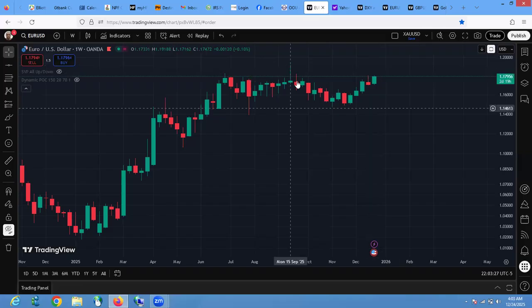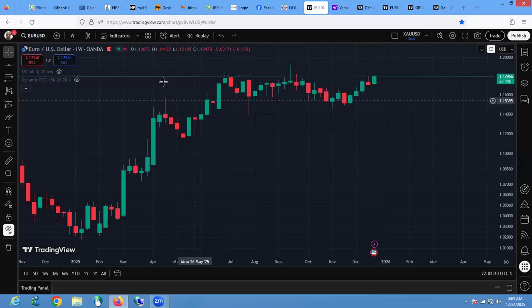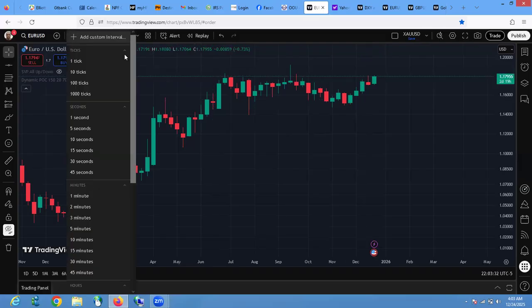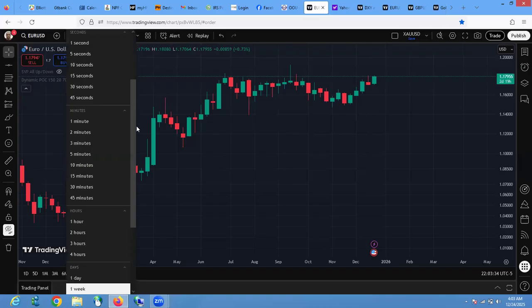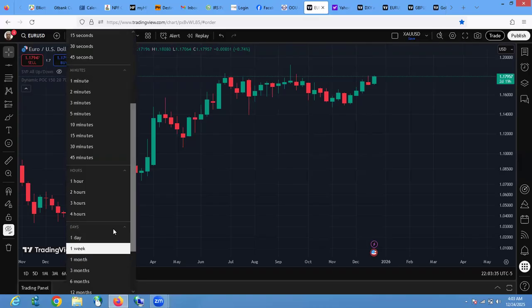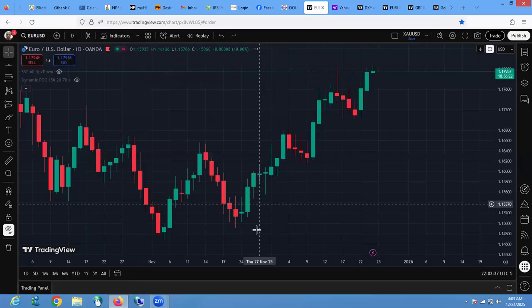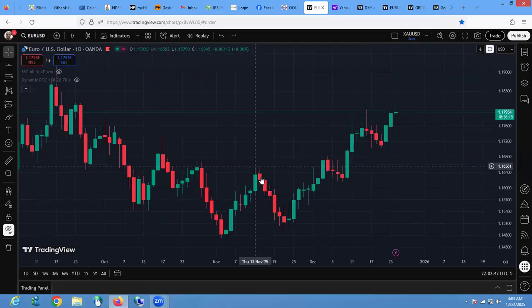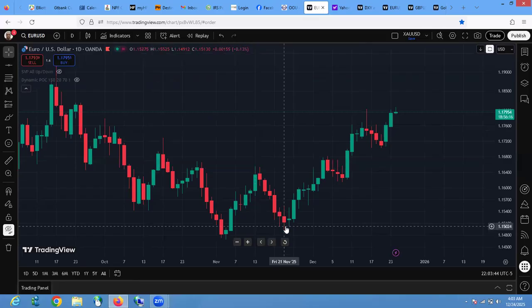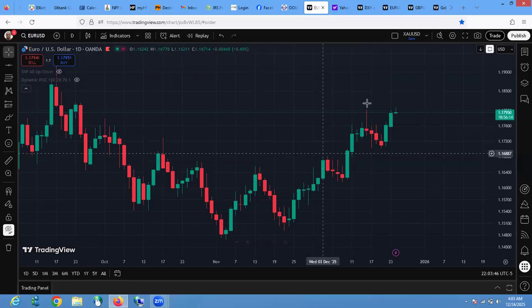Now, let's go into the daily time frame for you to see what I'm looking at. This is wave 1 that I talked about, and this is wave 2. Now, this is wave 3.